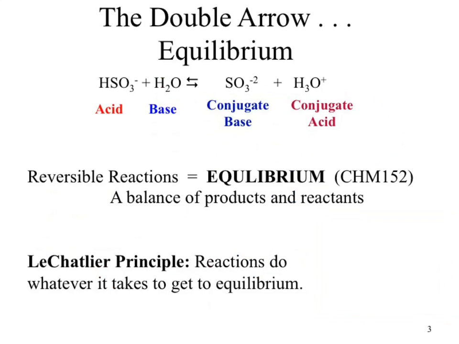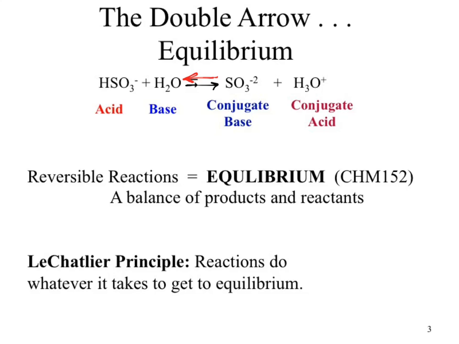The reason why I'm really pushing this is that it is very easy to get these confused and say, well, only the product is the conjugate. That is technically true, but realize the product is not always on the right side of the equation. Because if we go back and look at our arrows, really when we think about reactions, we only think about them from left to right. So we'd say the right is always a product. But what's the issue?